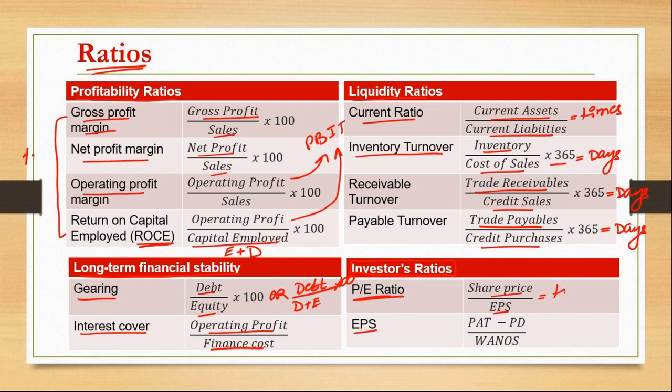This is going to be in terms of times again. Gearing is in terms of percentage. Interest cover is again in terms of times, and EPS is profit after tax minus the preference dividend divided by the number of shares. This is normally in terms of dollars per share. So this is how we actually calculate different types of ratios.